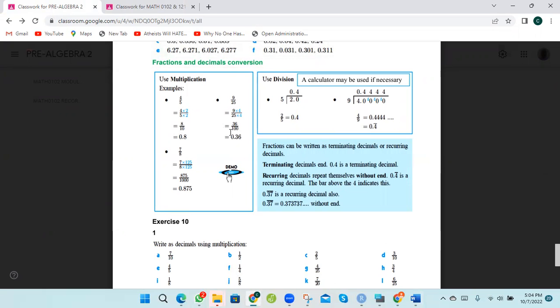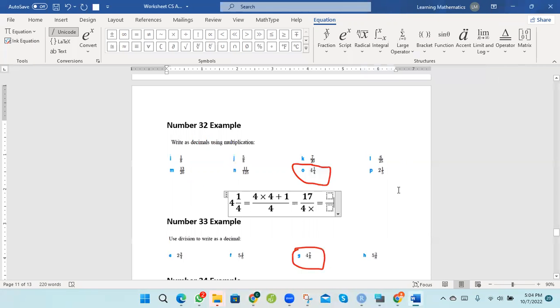Here is a 10, here is 100, here is 1,000. So what number can we multiply for us to get 1 and some zeros? Now that same number you multiply 4 by, you have to multiply 17 by also. We call that converting a fraction to decimal using multiplication. But for this to work, the denominator must be such that when you multiply it, you can get a number with 1 and zeros.